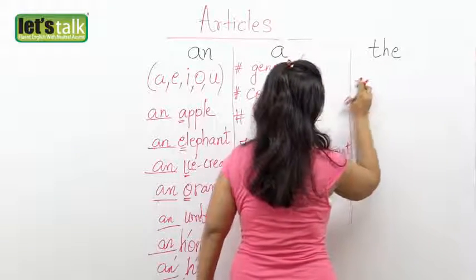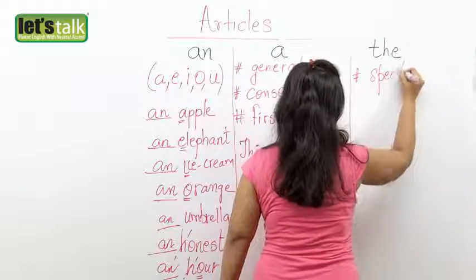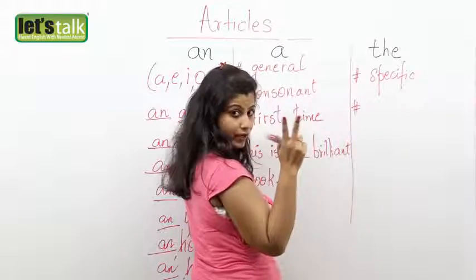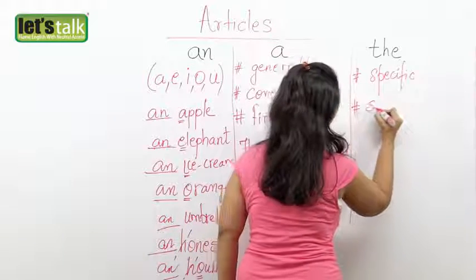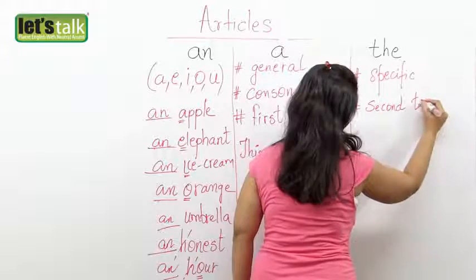Okay, I will just put down the points for you first. It's specific. And the second important point to remember is the opposite of this. Whenever you are talking about something for the second time.